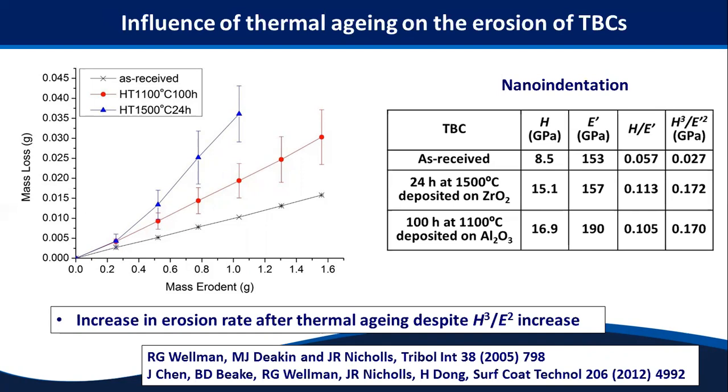As you can see on the right, the thermal aging typically doubles the hardness, and yet nevertheless the erosion resistance decreases by more than a factor of 2 in these coating systems. So you're not able to predict the erosion performance from the mechanical properties in this example.